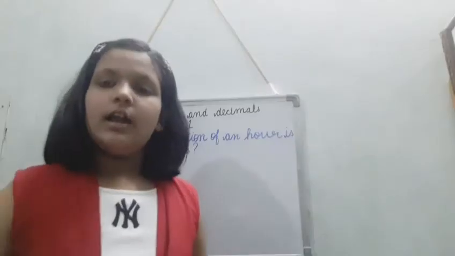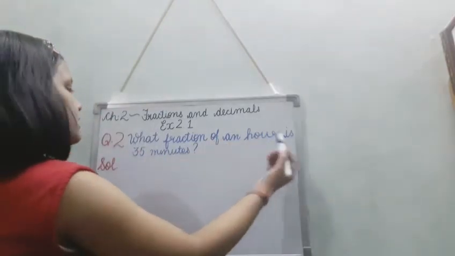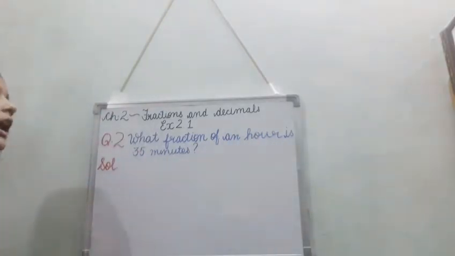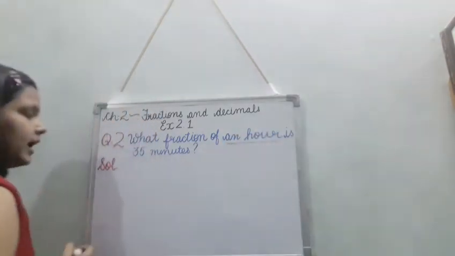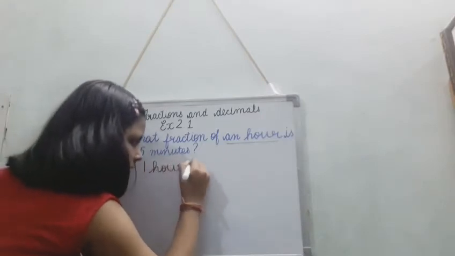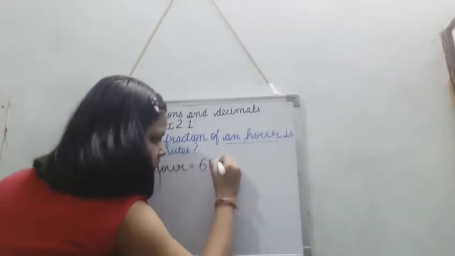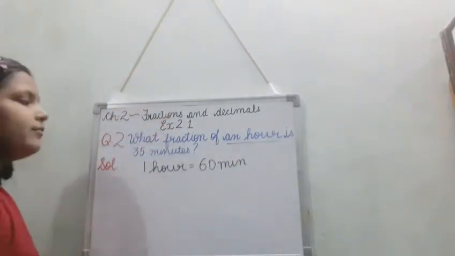Okay. Now the second question is, what fraction of an hour is 35 minutes? Now in this question, an hour is given. Means that is 1 hour is equal to 60 minutes. Okay. Now 35 minutes is given.